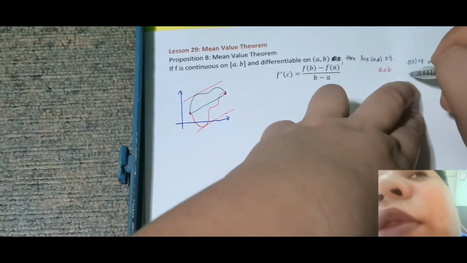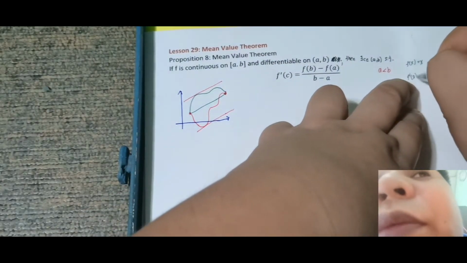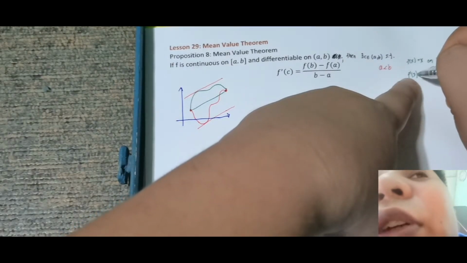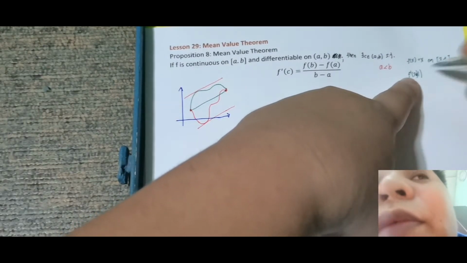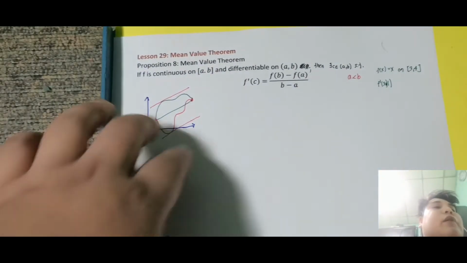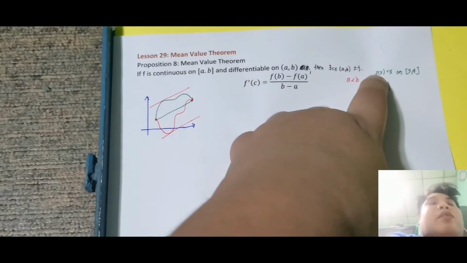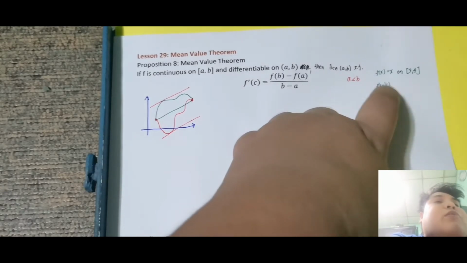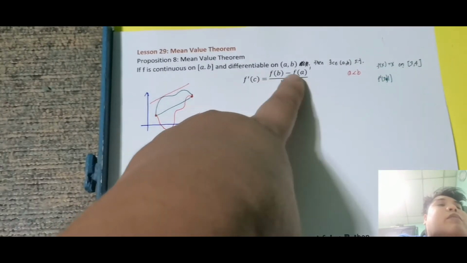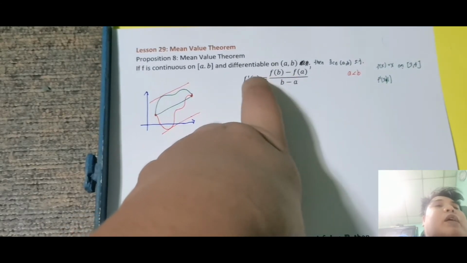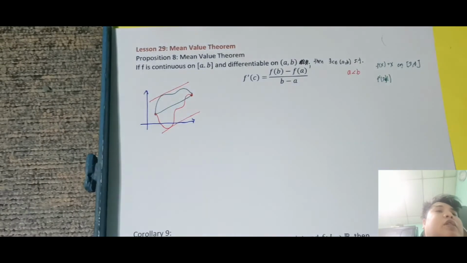Gusto kong kunin yung f prime of 3.5 o let's say 3.1. By mean value theorem, since 3 is less than 4, tapos siya naman ay continuous at differentiable doon, pwede mong i-apply yun. Kunin mo lang yung f of 4 minus f of 3 all over 4 minus 3, tapos yun yung ating f prime of 3.1. Ganun lang siya kasimple.